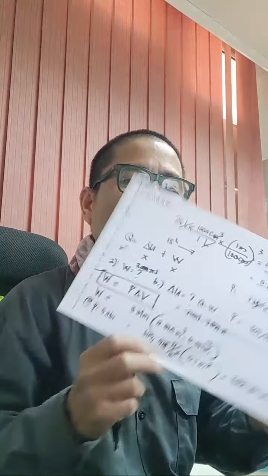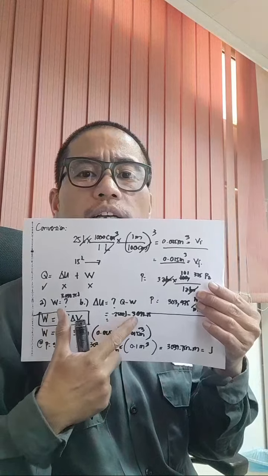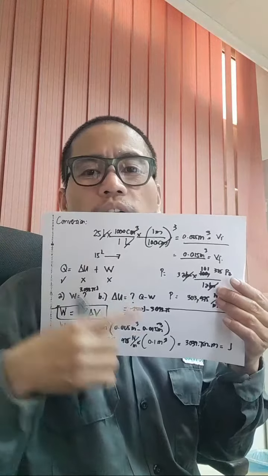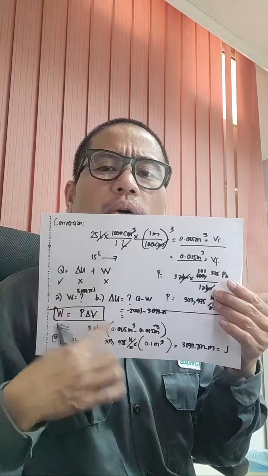But take note, class, it should not be all negative. If it is all negative, we need to think that something is wrong with our equation, at the bottom, for the work.